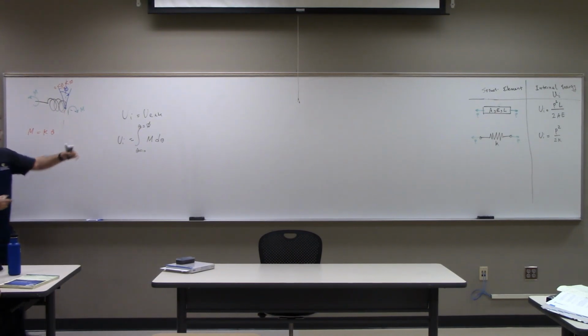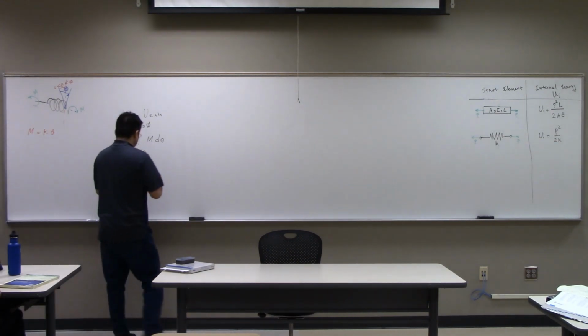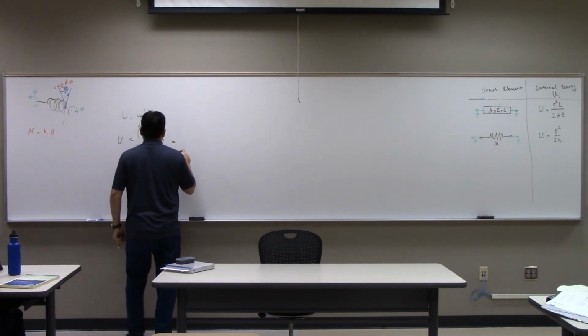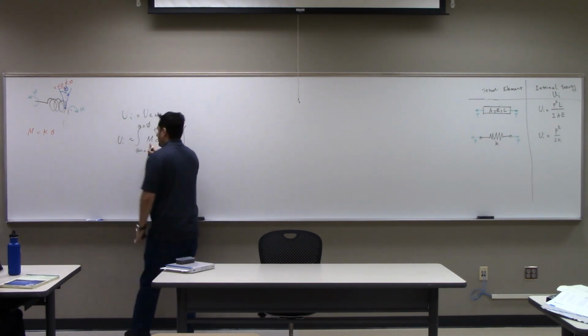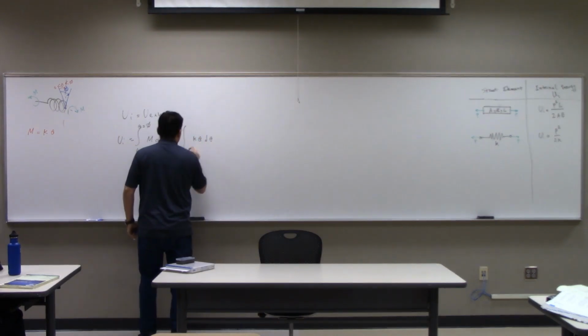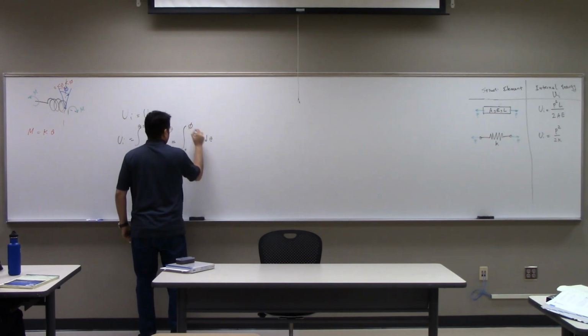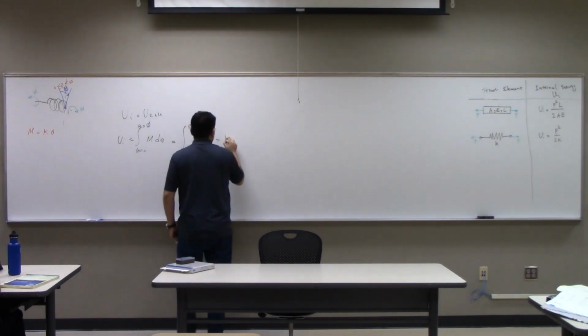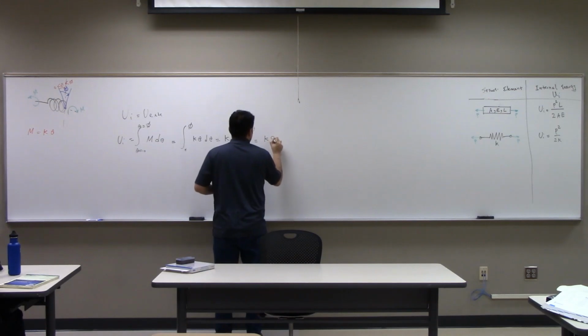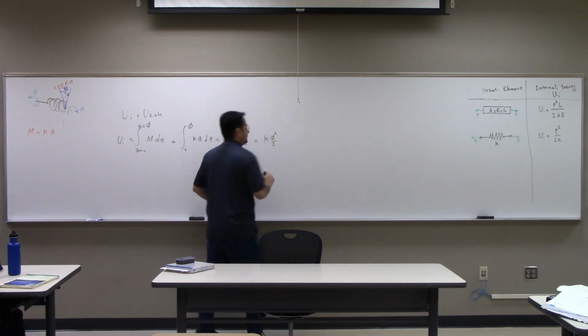Plug it in here. So you get the integral, instead of M you write k theta, d theta from 0 to phi. Then you take the integral, k theta squared over 2 from 0 to phi, and that gives you k phi squared over 2.